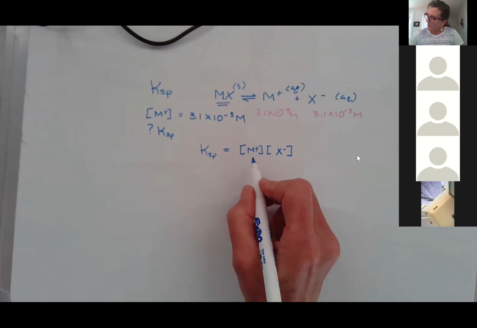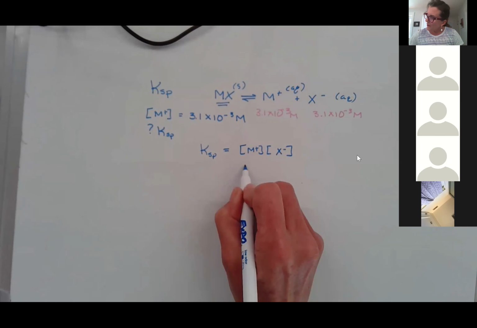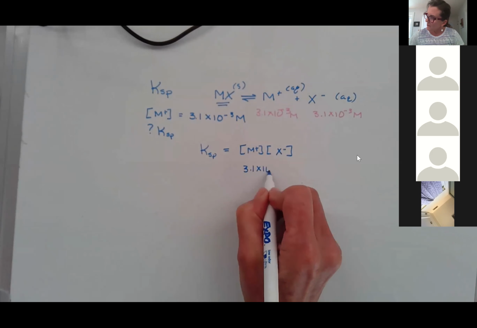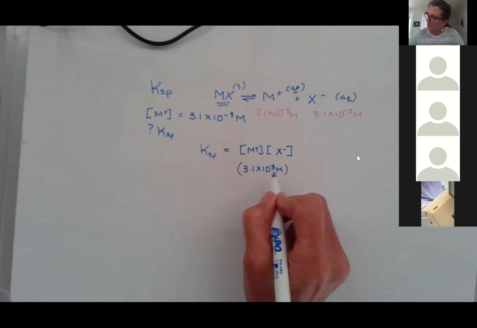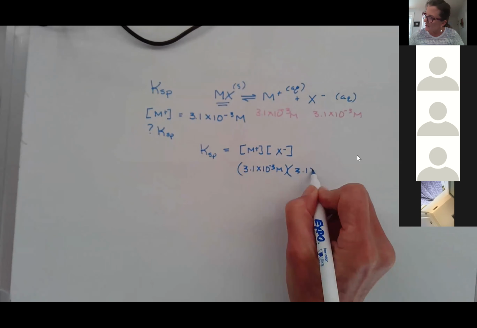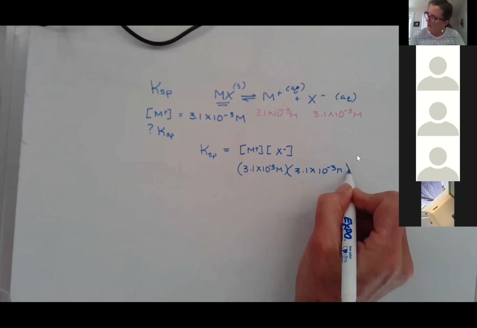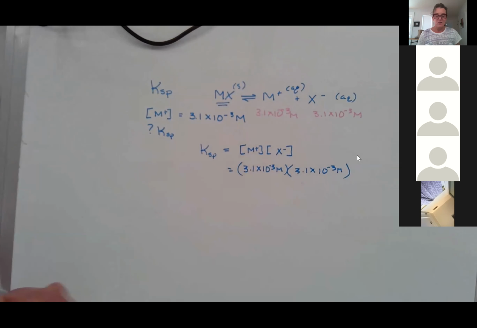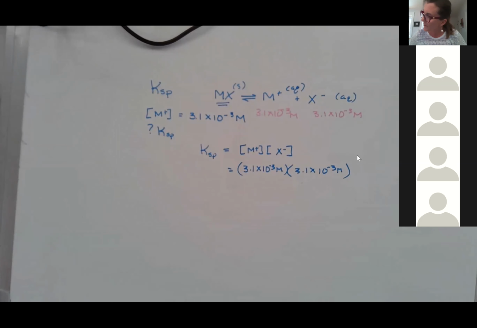And so that would be 3.1 times 10 to the minus 3 molar times 3.1 times 10 to the minus 3 molar, or just the square of that. And that number would be, let's see, I get 9.6 times 10 to the minus 6.